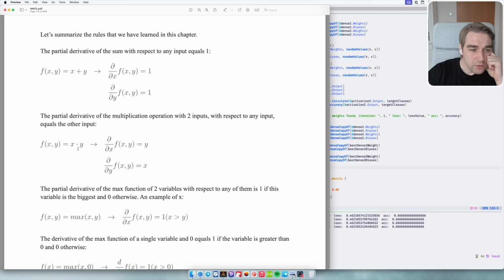Here we have it as different because we have multiplication, so this turns into 1 and leaves us with the second one.